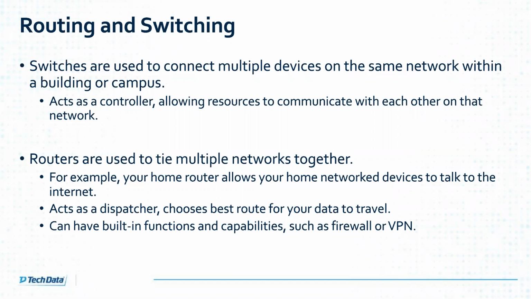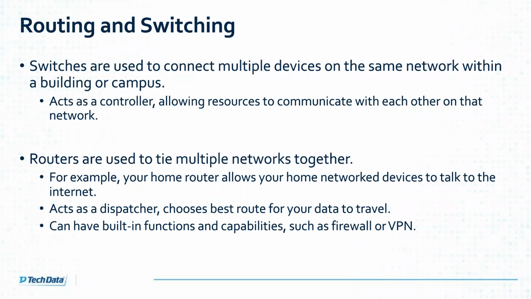Some routers do have built-in functions like a firewall or a VPN, but it's typically better to have a device whose sole purpose is to do this aspect of network communications. For small businesses, right, you can buy all-in-one devices that do many different things, but in larger enterprise environments, you're going to want devices that do specific things.